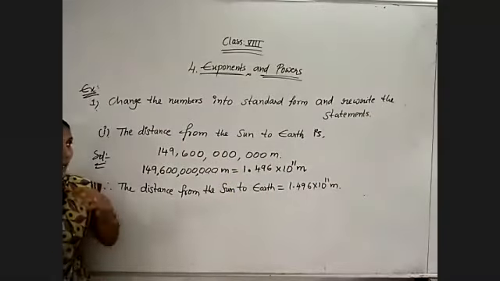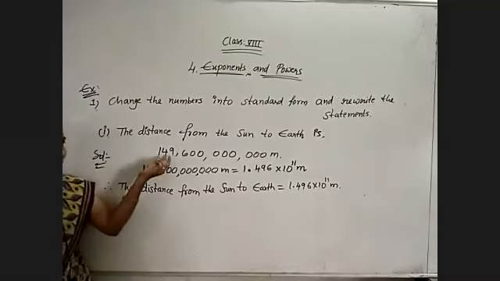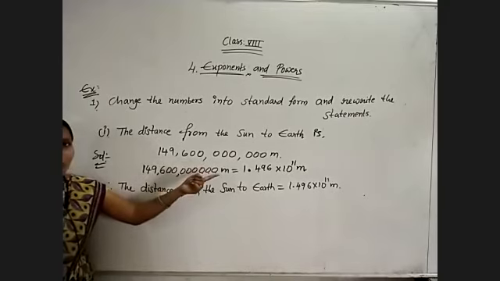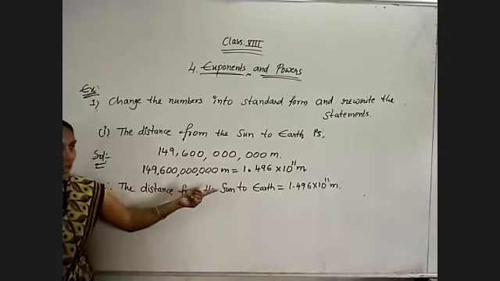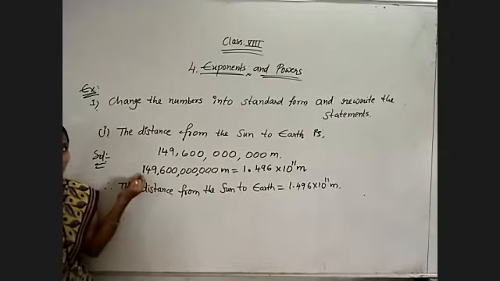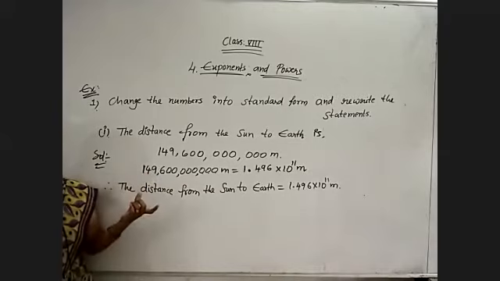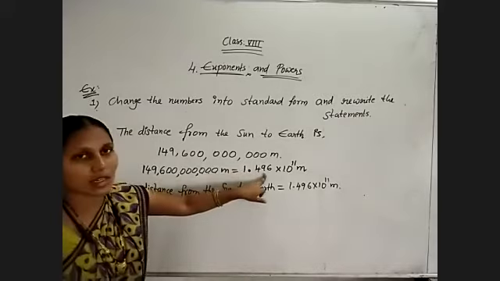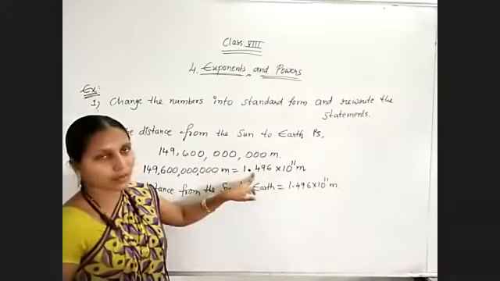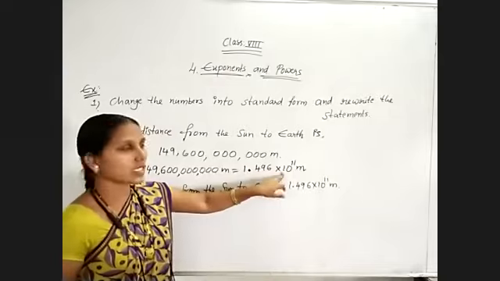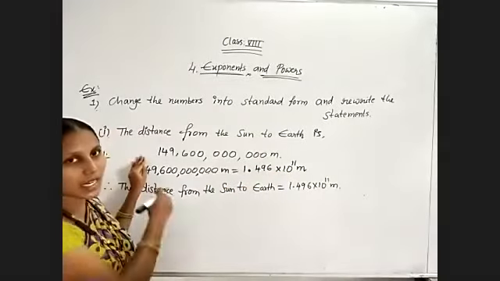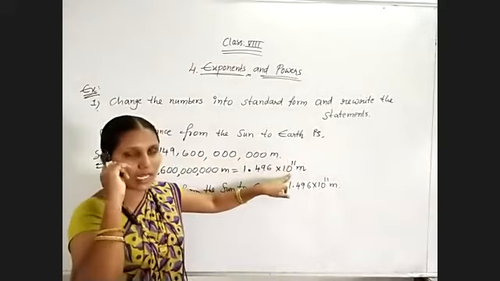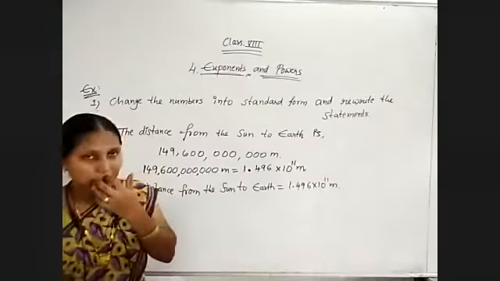So once again I am telling, whenever there is no decimal point, those come under very large numbers, and we will get a positive exponent. Only first digit, after the first digit, place the point. However many non-zero values are there, all those digits we must write after the point. And for the remaining digits, except the first digit, count all of them and write as an exponent of 10. That's all. Now coming to the next question.